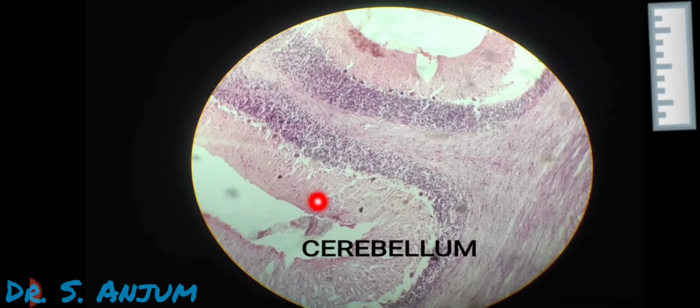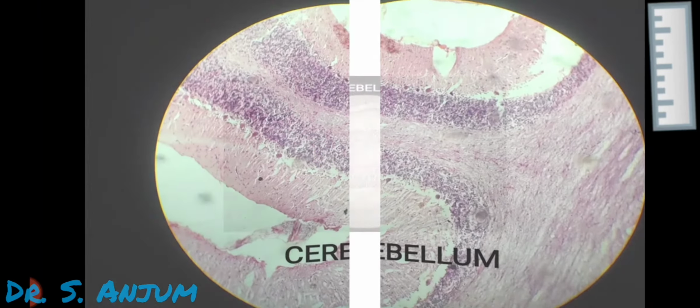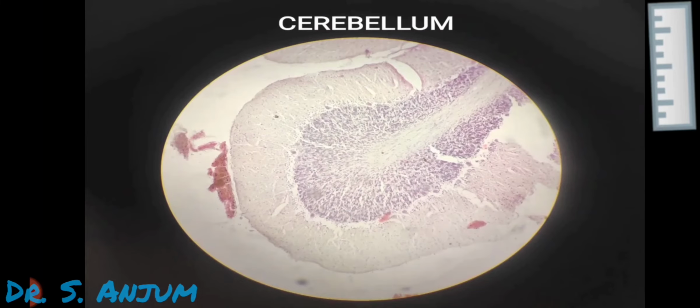Here also you can see the light pink is the molecular layer, then these dark dot-like things are the Purkinje cell layer. It is arranged in a single layer. And after the Purkinje cells, the most dark blue is the granular cell layer, and the innermost is the white fiber. It is also a slide of cerebellum.